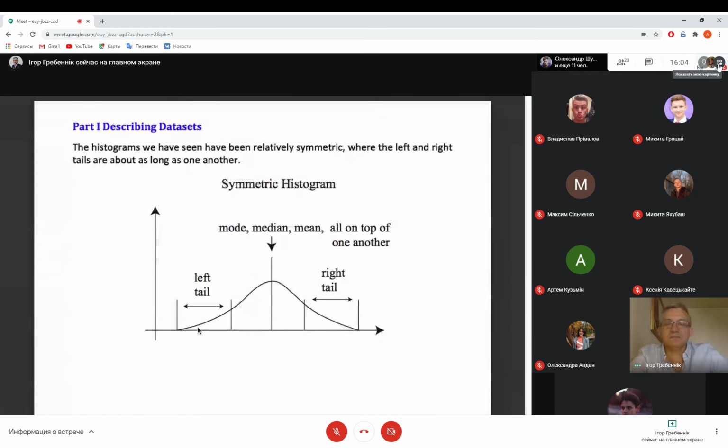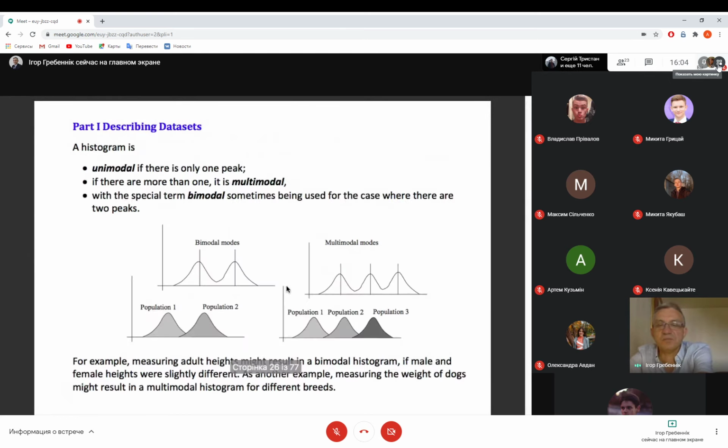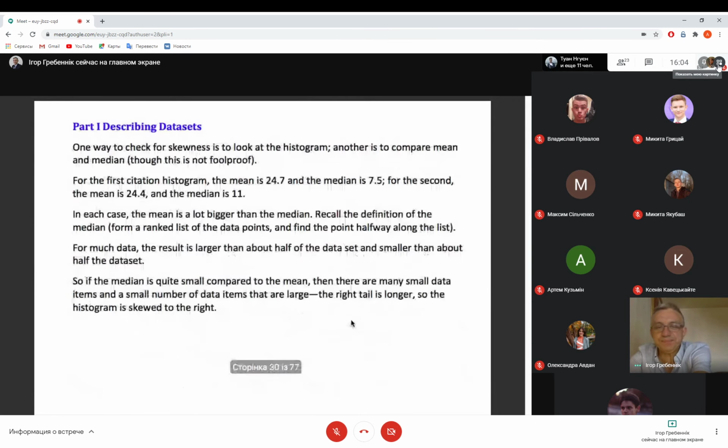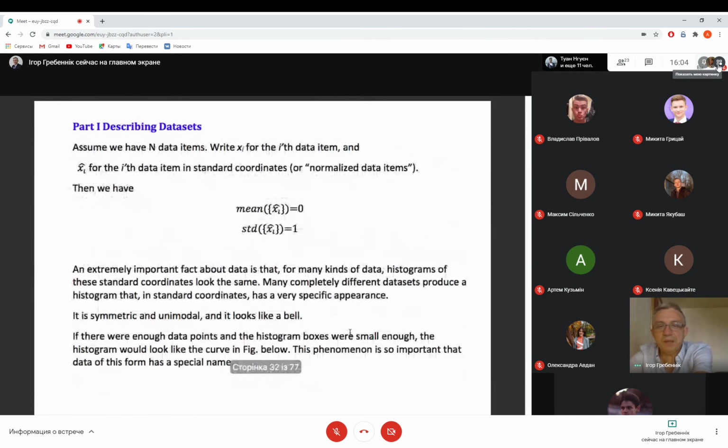This is the representation of a histogram which looks like a bell. If there were enough data points in the data set and the histogram boxes were small enough, the histogram would look like the curve in the figure below.